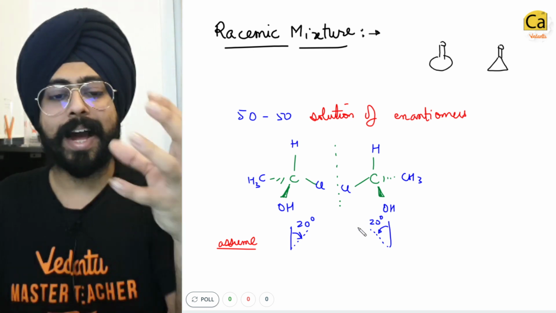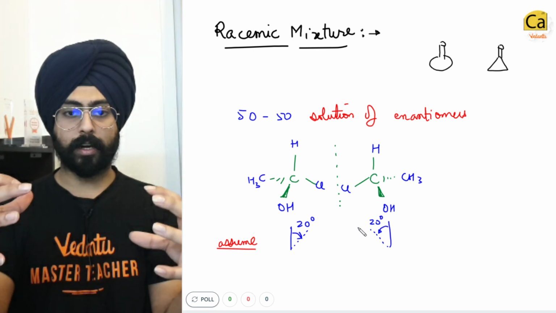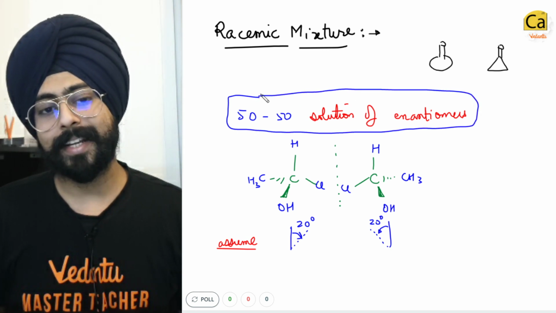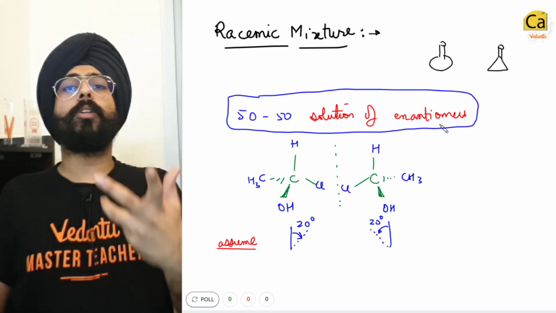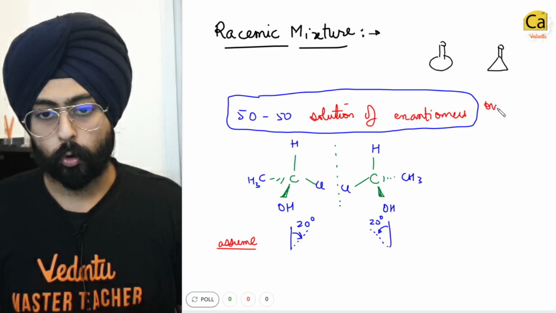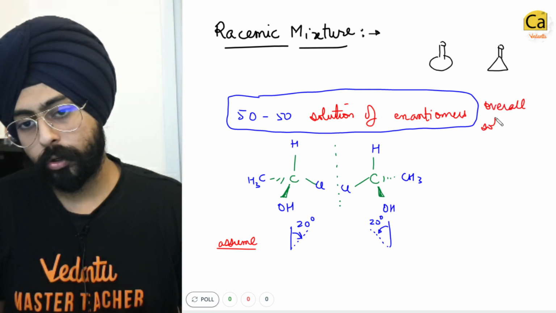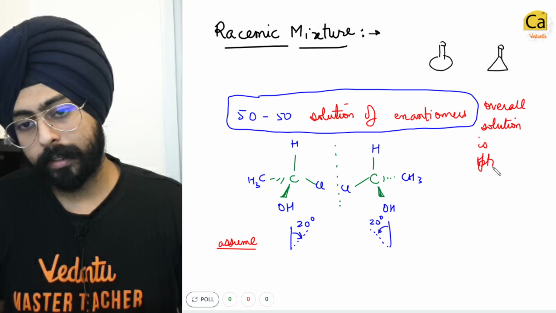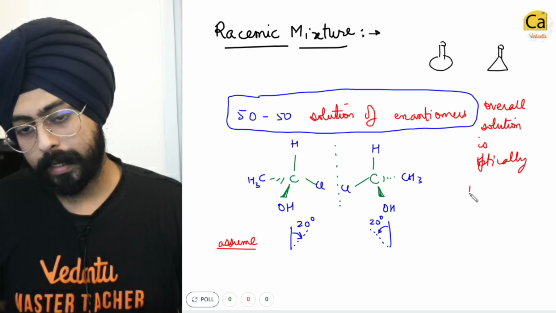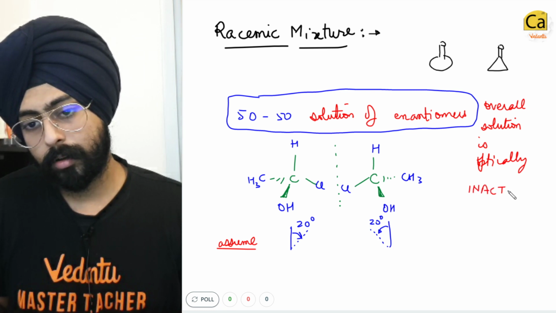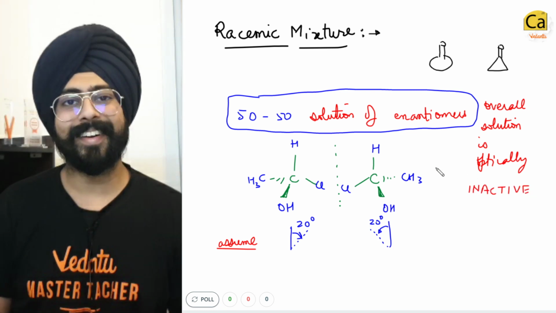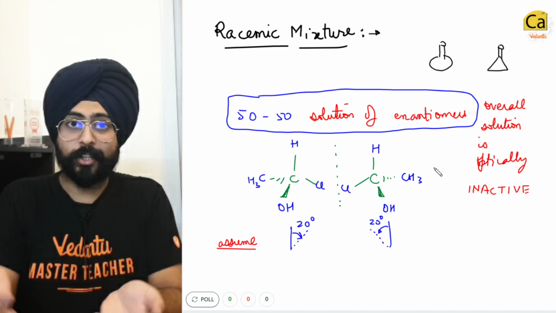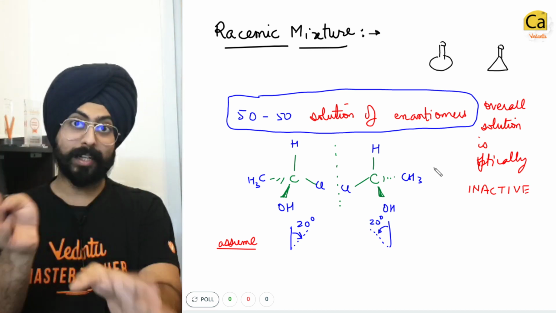If in a mixture I have half of the first one and half of the second one, if there is a 50-50 solution of enantiomers, do you realize that this entire solution will be optically inactive? Overall solution is optically inactive. Because in that solution there are two enantiomers, both mirror images of each other.